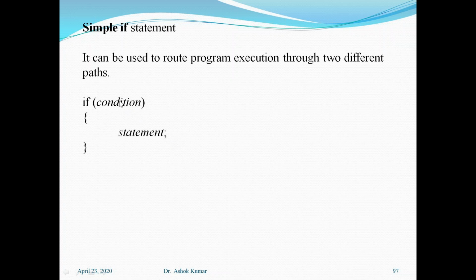If this condition evaluates to false, then these statements are simply skipped. So this is the purpose of if. A group of statements is executed or not executed depending upon the outcome of the condition that you have written in the parentheses of the if statement.